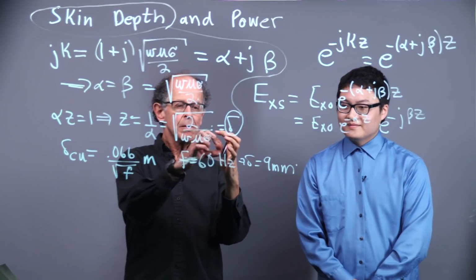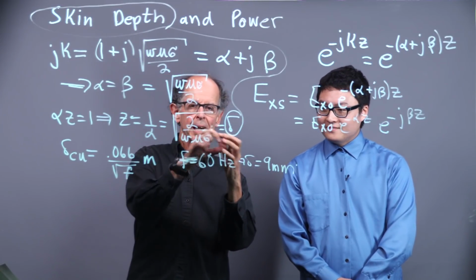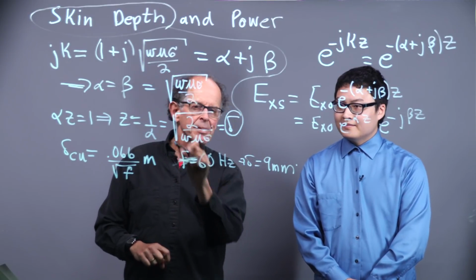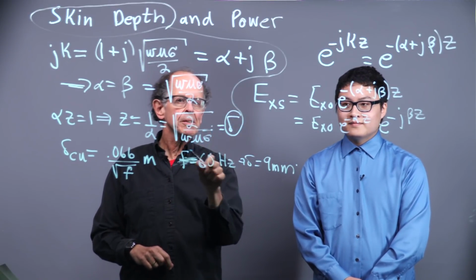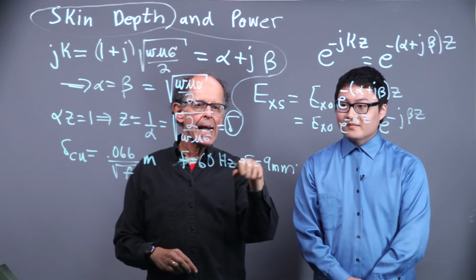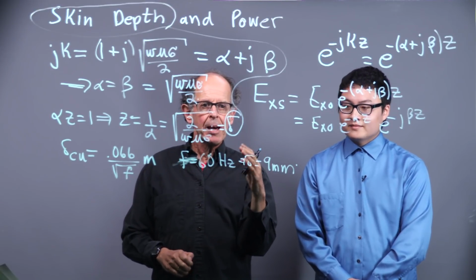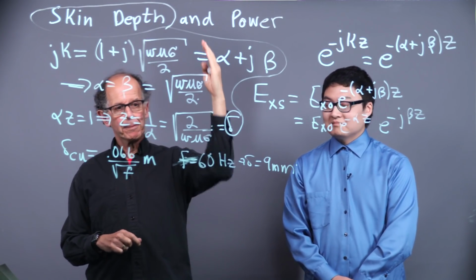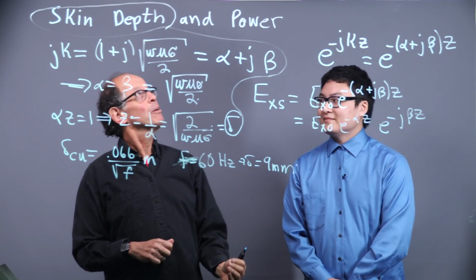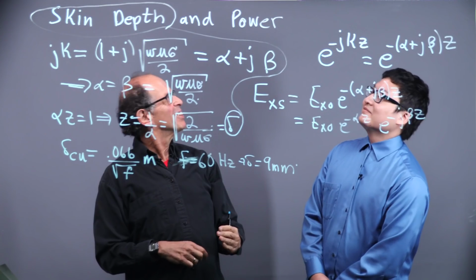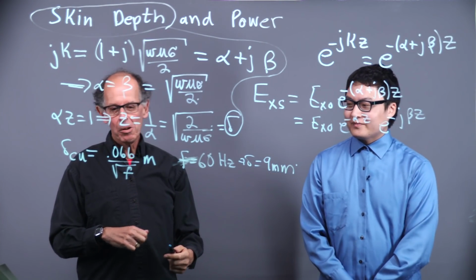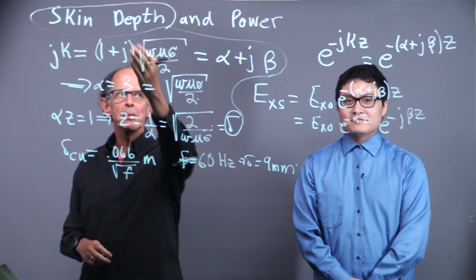That means the current going down the cable is going to be limited to a very narrow cylindrical annulus, a cylindrical ring. That means that the resistance of the cable goes up as the frequency goes up, through the roof. That's the important piece about skin depth.